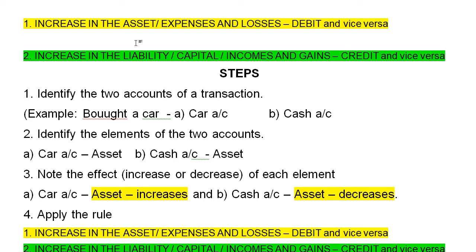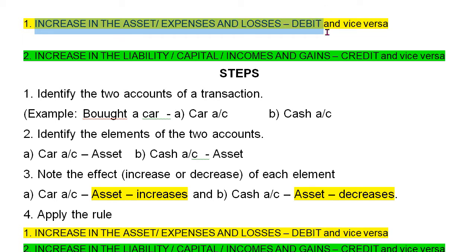One is, if there is an increase in the asset or expenses and losses, we have to debit the asset concerned or expenses or losses. And vice versa. What is the meaning of vice versa? The opposite. That is, if there is a decrease in the asset, expenses and losses, we must credit the account.